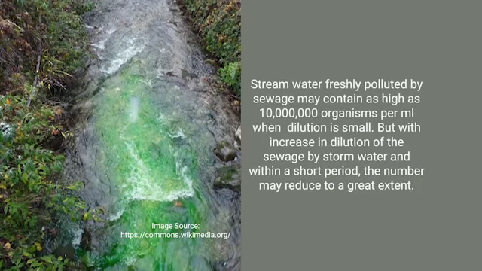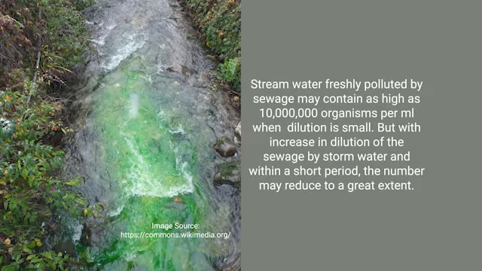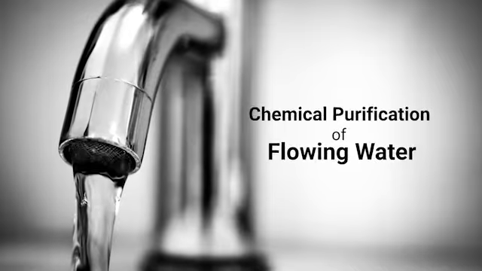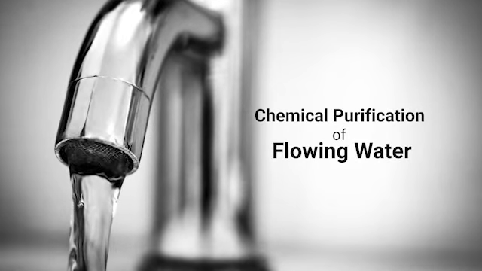Stream water freshly polluted by sewage may contain as high as 1 crore organisms per milliliter when dilution is small, but with increase in dilution of the sewage by stormwater, within a short period the number may reduce to a great extent. The mixing of two waters of different chemical characters frequently promotes the sedimentation process. Chemical purification of flowing water.